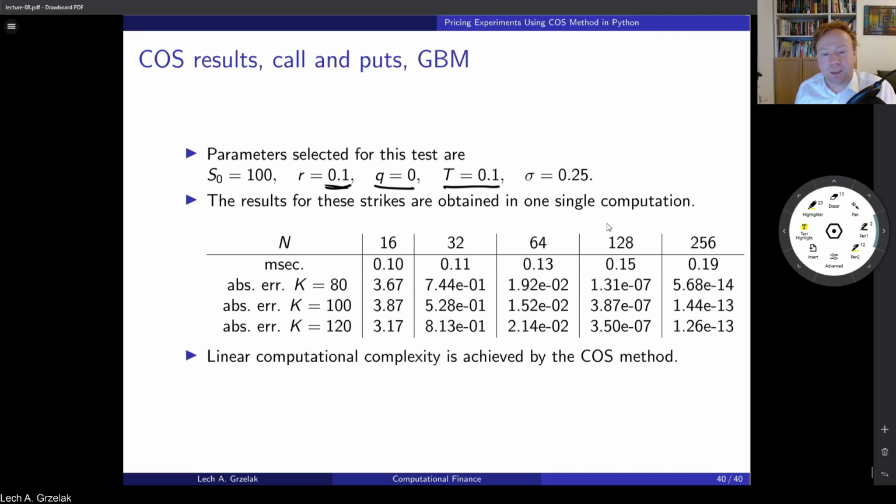I would expect that if this t here would be larger, let's say 5, then we could get good results already for 32 or 64 terms. A larger maturity means that the distribution diffuses, it's less peaked. This means that we don't need so many terms in the Fourier expansion.